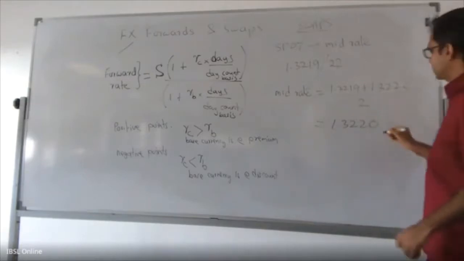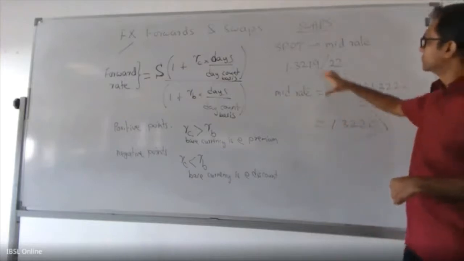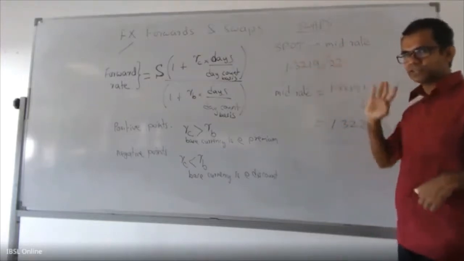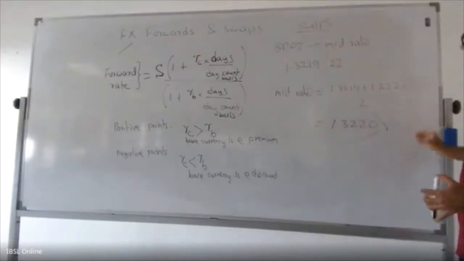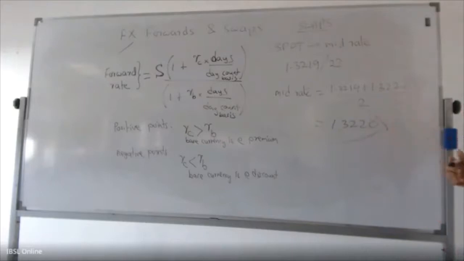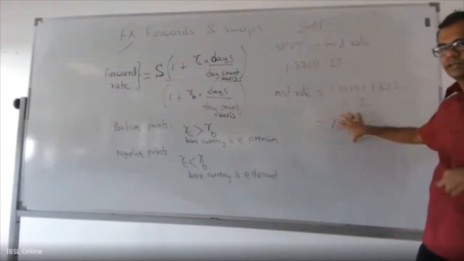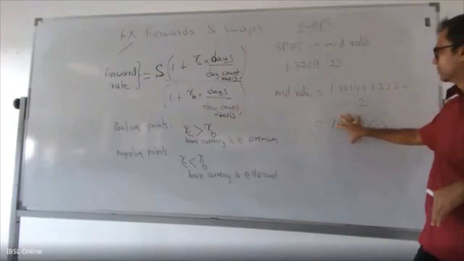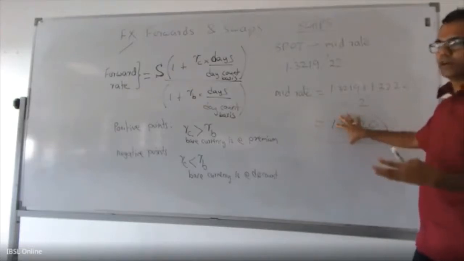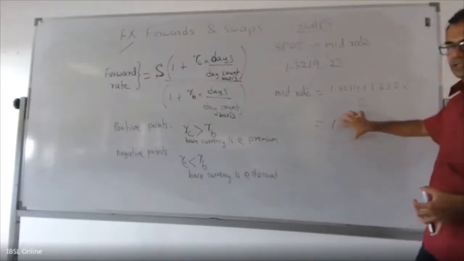So we use this rate as the spot reference rate instead of using a bid and offer for the spot. But for swap points we still use bid and offer. Then we add the bid points to the mid rate to get the bid of the far leg. If you want to get the offer of the far leg, we add the offer points to the mid rate.